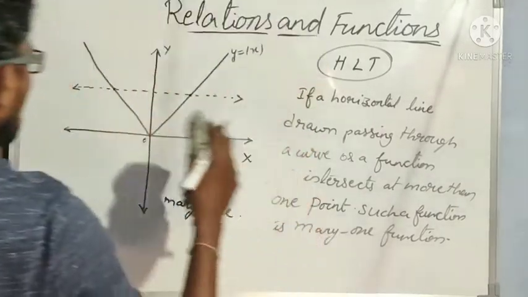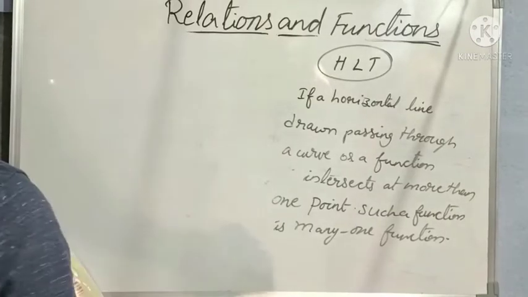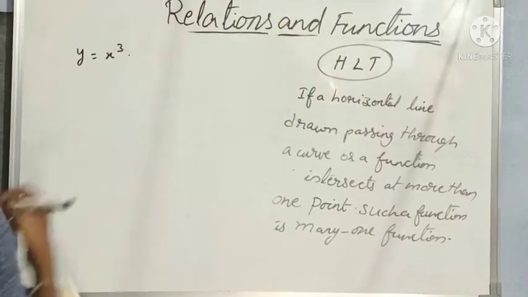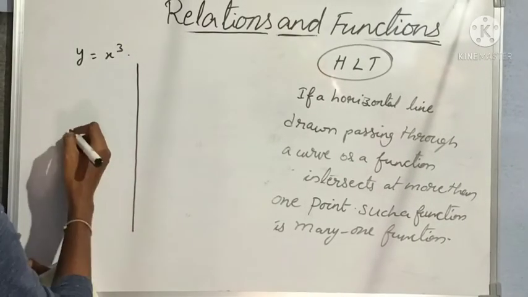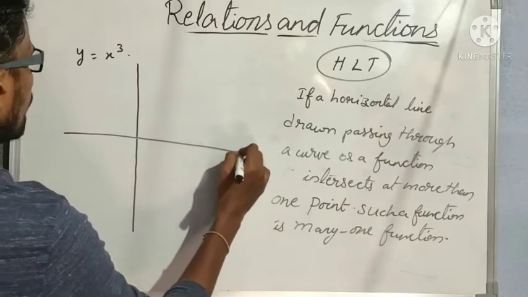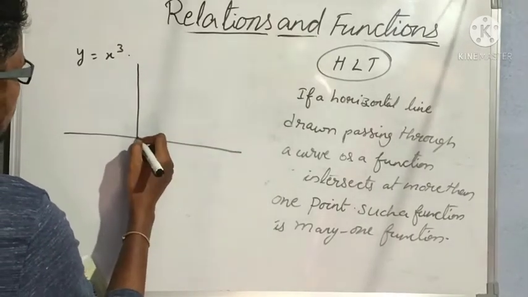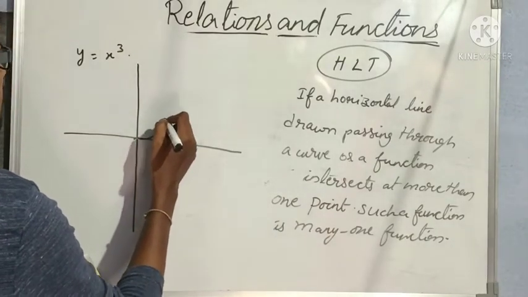So let us see one-one functions now. I am taking my example as y is equal to x cube. How will the graph of y is equal to x cube be? If x is equal to 0, y is equal to 0. If x is equal to 1, y is equal to 1 only. If x is equal to 2, y is equal to 8.